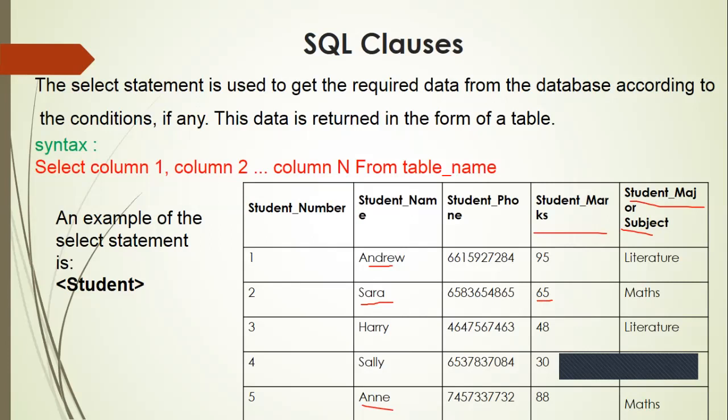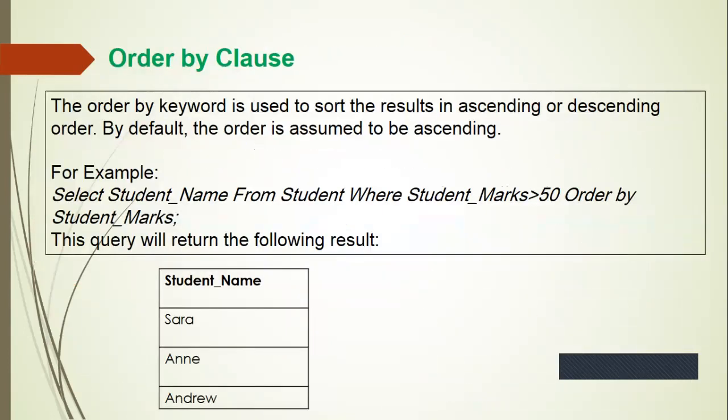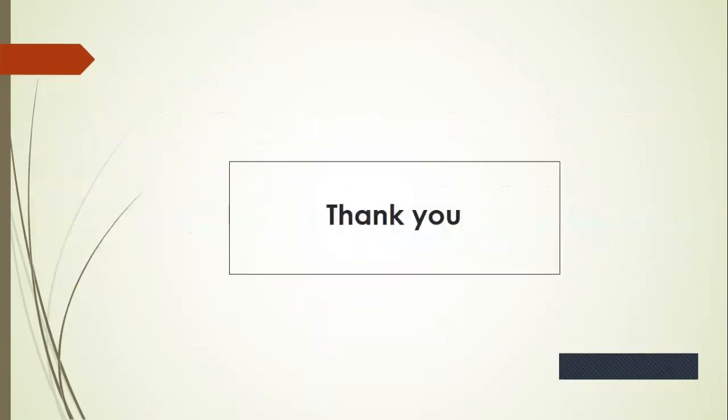The least is 65, so first in output, Sarah will be displayed. Next is Annie, and the last one with the highest marks is Andrew. Let us check. It's the same thing: Sarah, Annie and Andrew. So this is nothing but the order by clause.